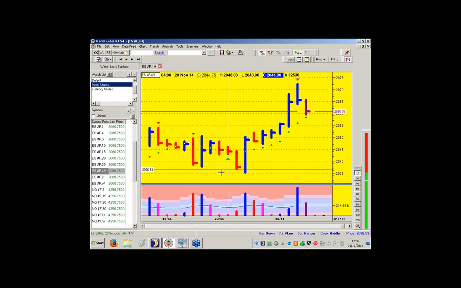Now, the first principle is we see here at the bottom, high volumes come in, look, on this down bar. Now, volume, don't forget, volume is activity. So there was high activity on that down bar.